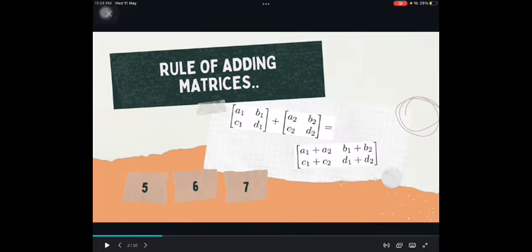So this is the rule of adding matrices: A1, B1, C1, and D1 plus A2, B2, C2, and D2 equals A1 plus A2, B1 plus B2, and then C1 plus C2, D1 plus D2.